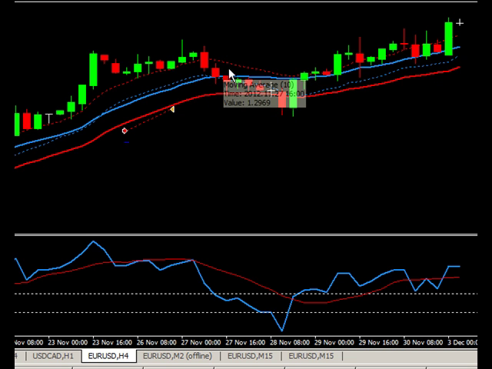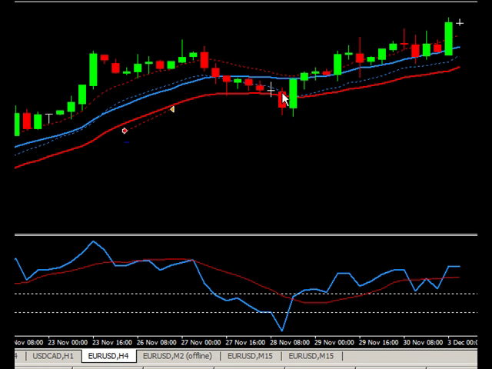So we have the pullback, and we get a touch of the red, the bottom red line, the solid red line, the solid 20 here. One touch there, touch there, touch there, and then we have a close below. And all the while that's happening, the dotted blue, or the 10 here, never crosses back below the solid red. And that's the key. That's what we have to look for.